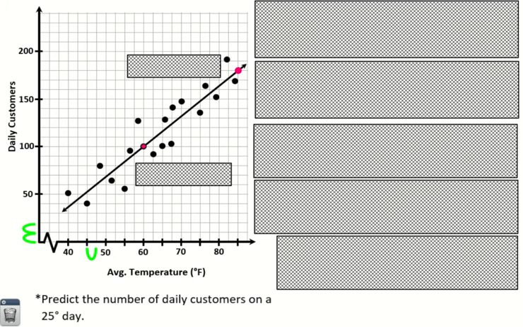Predict the number of customers on a 25-degree day. So once again, you see how these are scaled? Looks like here it's going by tens: 50, 60, 70, 80, 90, 100. Down here, ooh, this is ugly, isn't it? That's 50.